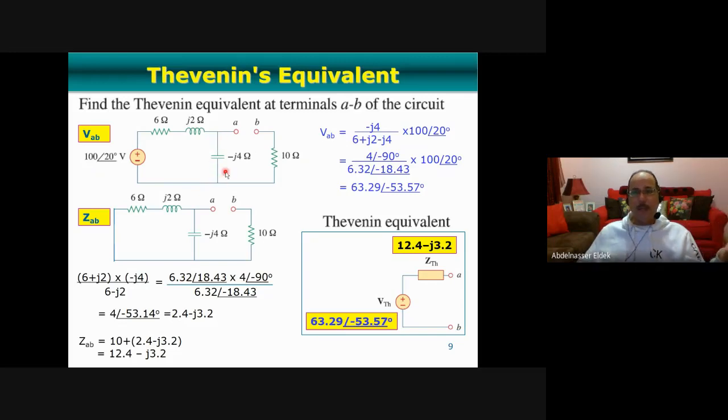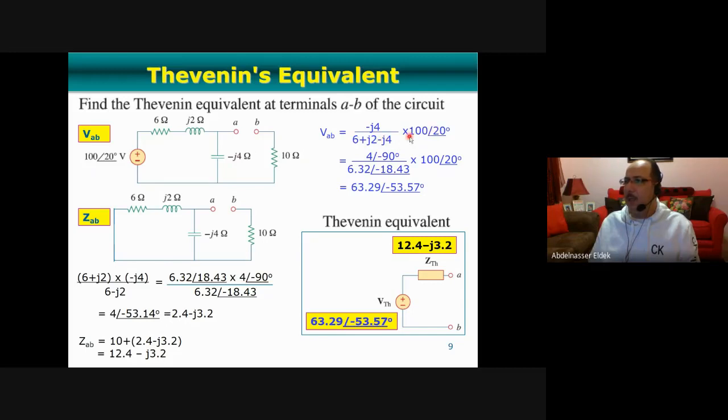If you want to calculate VAB, you just find the current in this loop and multiply it by this impedance. This will give you the voltage between A and B. So according to this, VAB equals the current. What is the current?